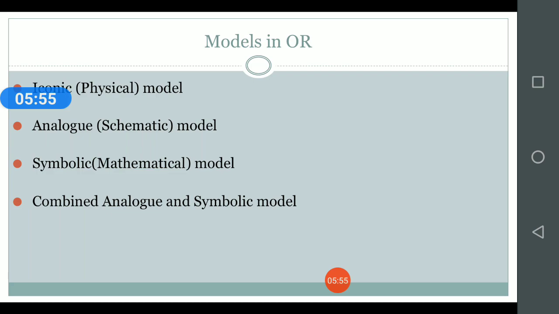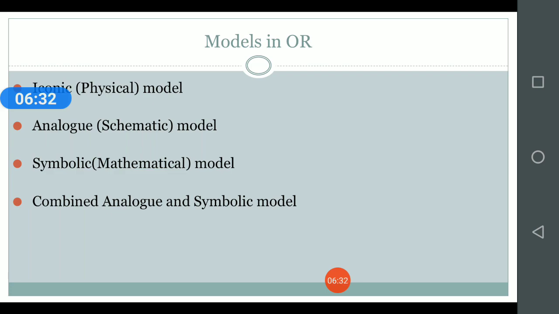Another model of OR is called the analog or schematic model. Here, the model does not actually look like the original system. It is very different from the iconic model, because the iconic model looks like the actual system, but the analog model does not look like the actual system; it converts the actual system into a schematic or diagrammatic representation.